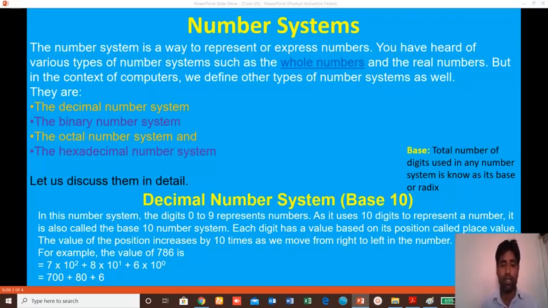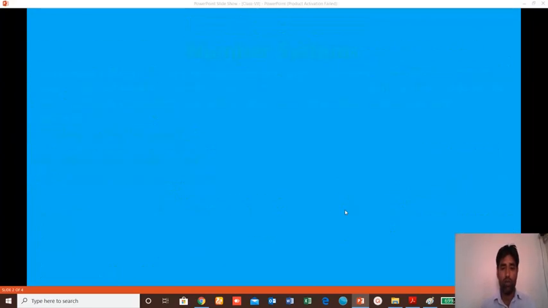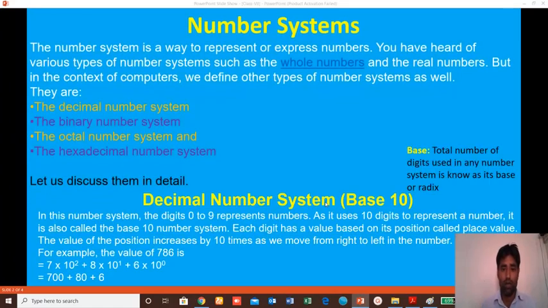The left side digit is known as the most significant digit, meaning this digit has the highest place value, while the right side digit is known as the least significant digit that has the minimum value at a place. So now let's do the calculation of 786.